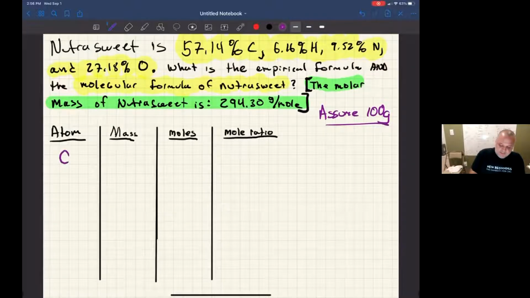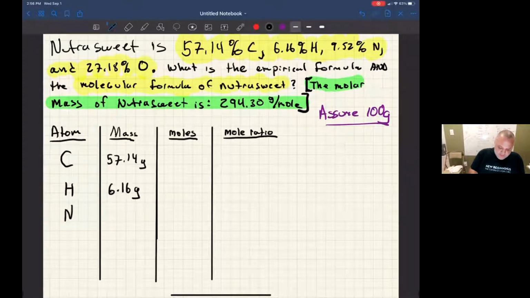So for carbon, I would have 57.14 grams. For hydrogen, I would have 6.16 grams. For nitrogen, I would have 9.52 grams. And for oxygen, I have 27.18 grams.